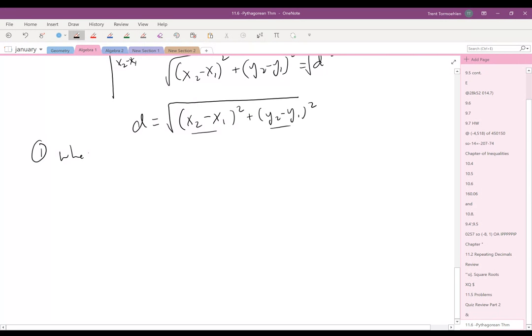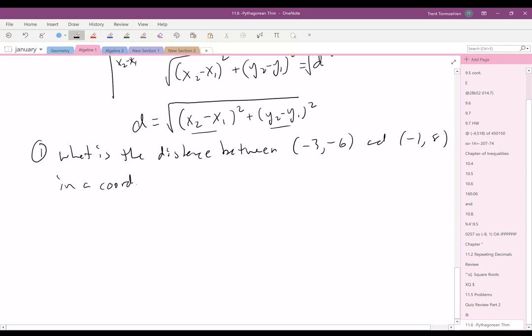What is the distance between -3, -6, and -1, 8 in a coordinate plane? Well, we just plug it directly into this formula.